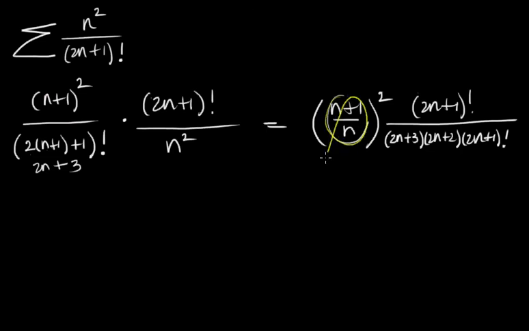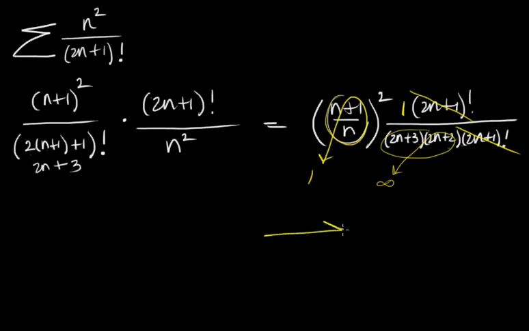Okay, so I know the n over n plus 1, that goes to 1. And the 2n plus 1 factorials cancel. So what I have here is 1 over 2n plus 3 times 2n plus 2. This denominator is clearly going to infinity.